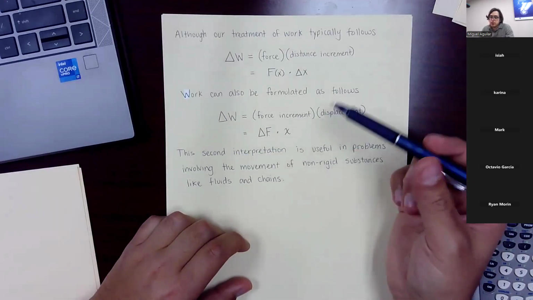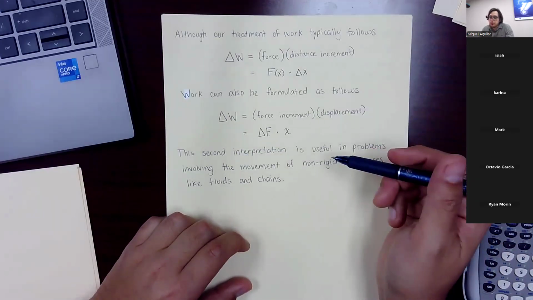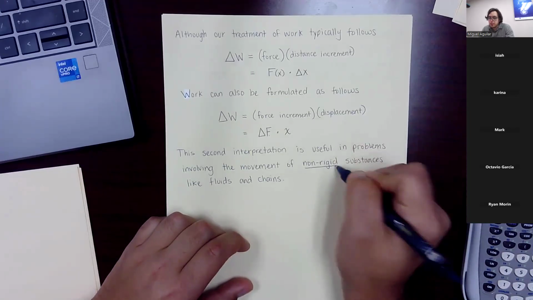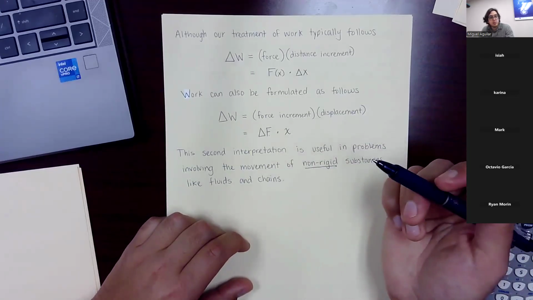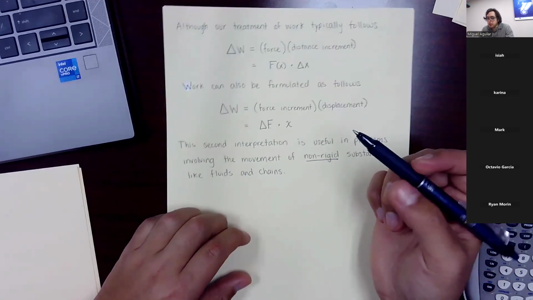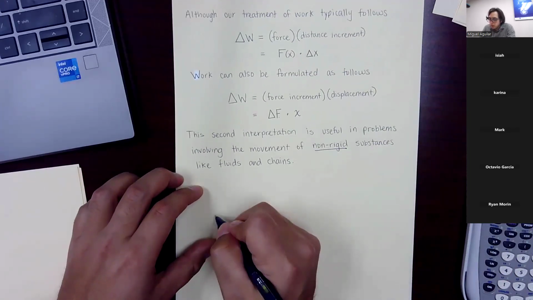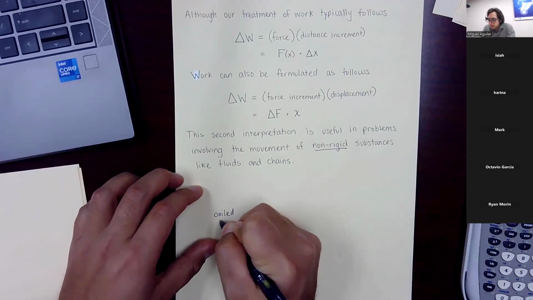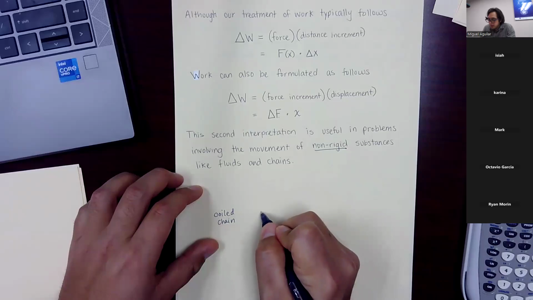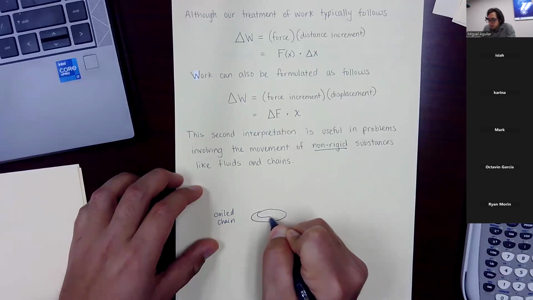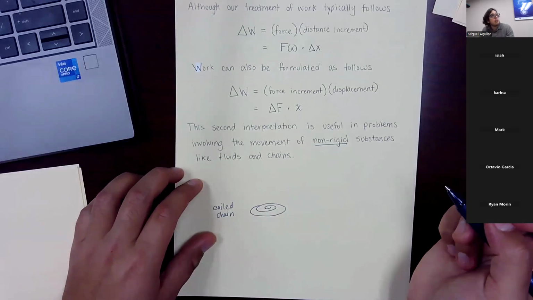But the second interpretation is really useful when you're looking at problems that involve non-rigid substances, things that are wigglier, like fluids or chains, right? So if you had a coiled chain on the ground, that kind of looks like a little spiral.